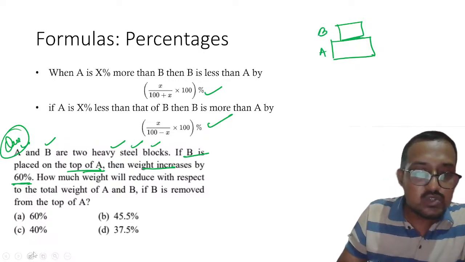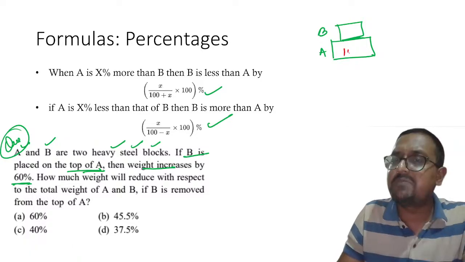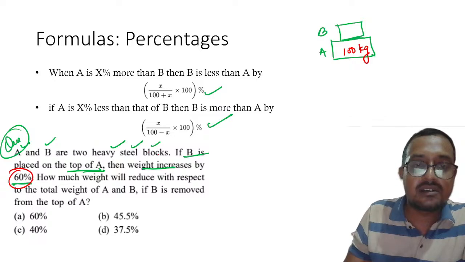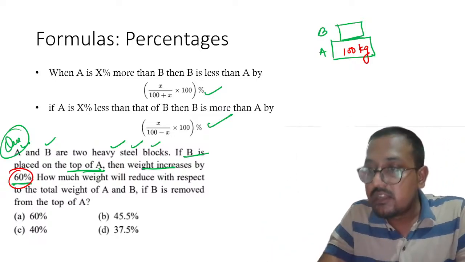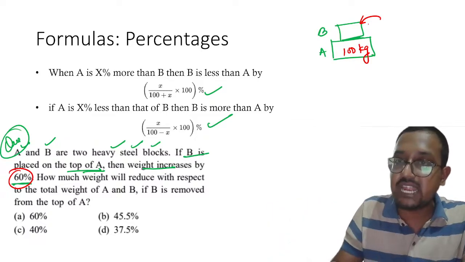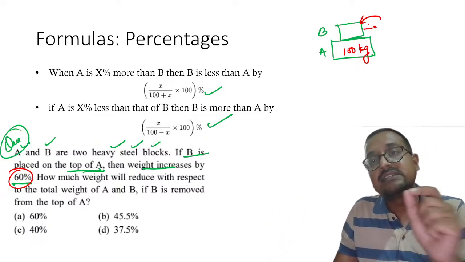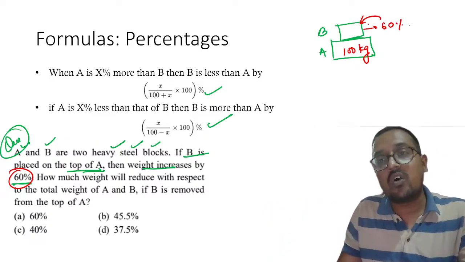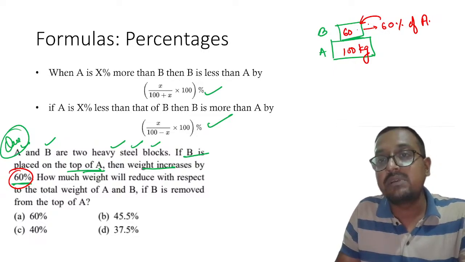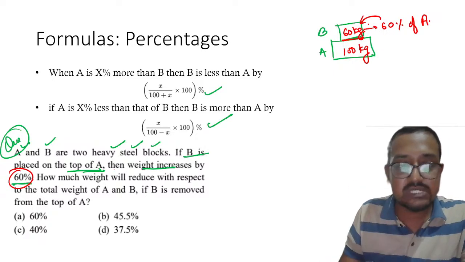So A's original weight, let me presume 100 kg, and weight increases by 60%. So obviously when I put B on the top, the weight increases by 60%. That means B's weight is 60% of A. That means it will become 60 kg. I hope everyone is clear on this part.